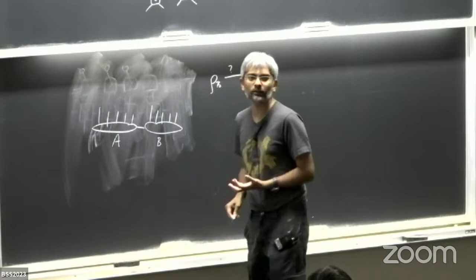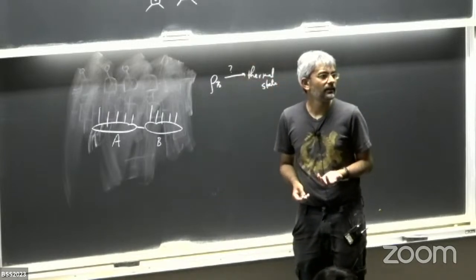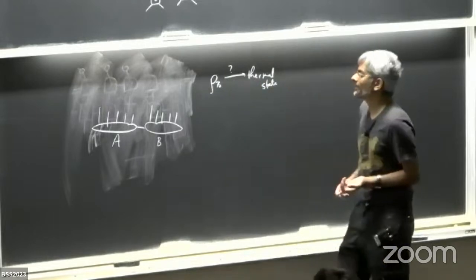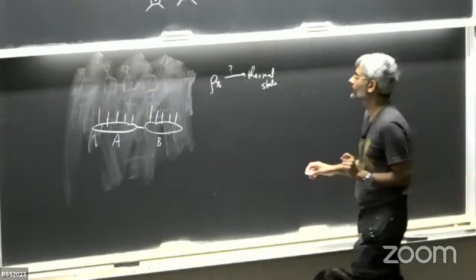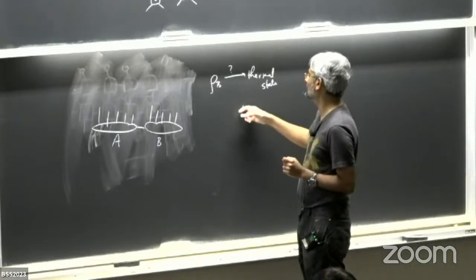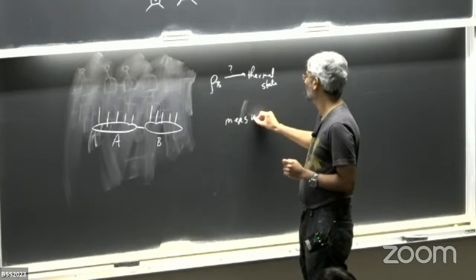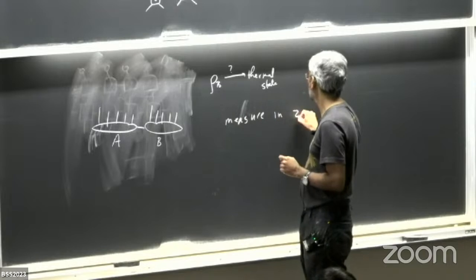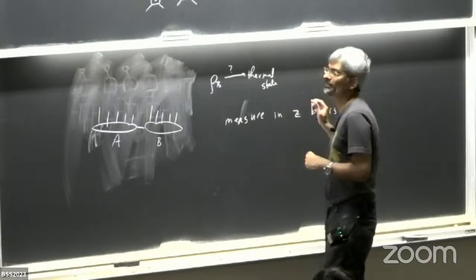It's a question about whether a particular density matrix is thermal or not. When you talk about deep thermalization, you're asking a slightly different question. You fix the measurement basis. Let's say you're only allowed measurements in Z, and by Z basis I just mean the computational basis.